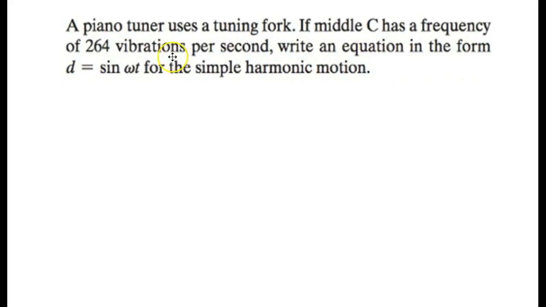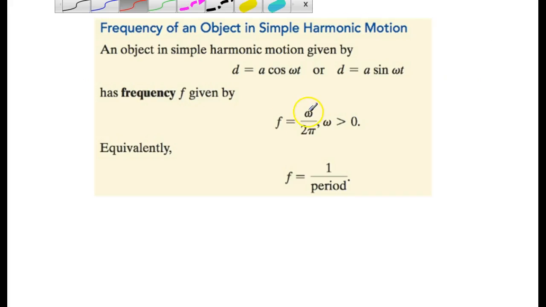So let's use an example of how we use frequency with this. A piano tuner: middle C has a frequency of 264 vibrations per second. I think it's a little bit less than that actually, but write an equation of the form D equals sine omega t for simple harmonic motion. Well, 264 is our vibrations per second, so that is replaced with that f, which means we're going to solve for omega and put it into this form.